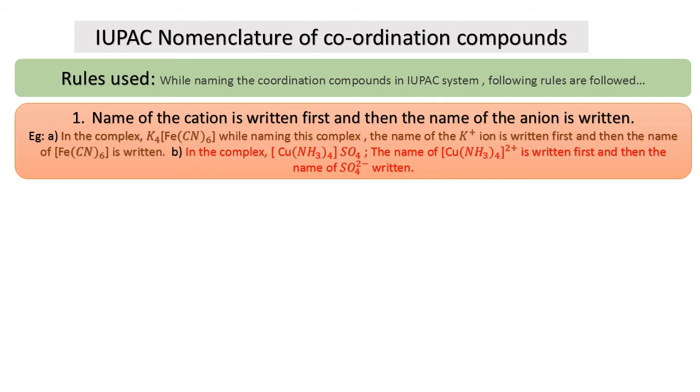In the second example, the name of the coordination sphere is written first because the coordination sphere is the cation and the ionization sphere is the anion.